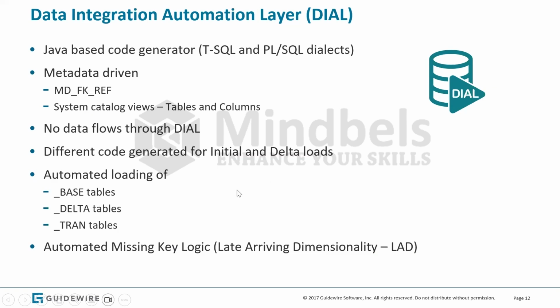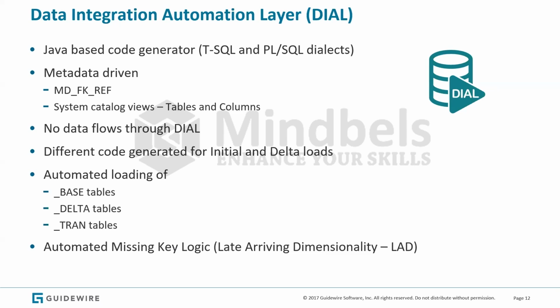Now automated missing key logic. If we have some policies which are coming in, we have a column, late arriving dimension, so that updates it. What does it mean? What are LAD records? LAD records are basically late arriving dimensions, which are records in the table where we have the policies, but we do not have their other data.